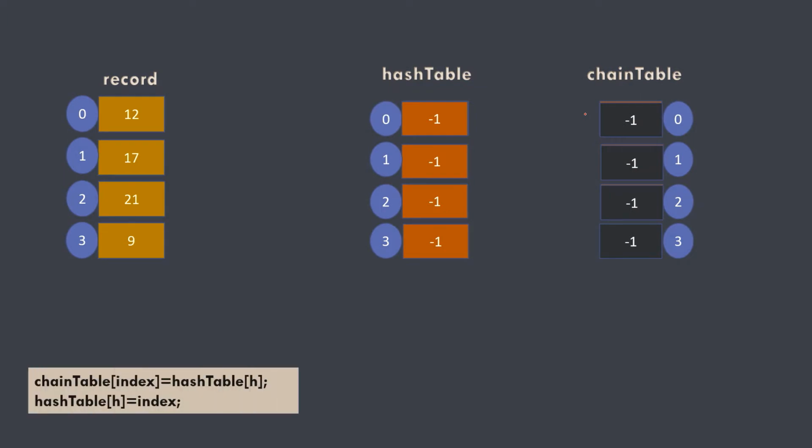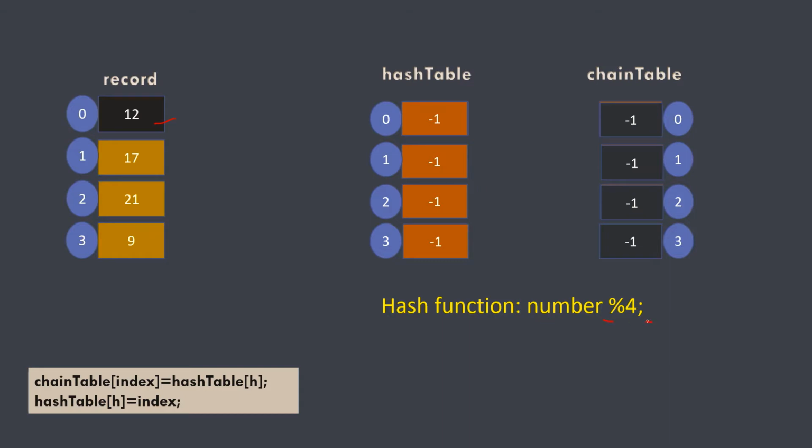Now, what will our algorithm be, and what will our hash function be? These are two more important questions. Let's say we are processing 12. This is our first entry. I am using a simple hash function, that is modulo 4.